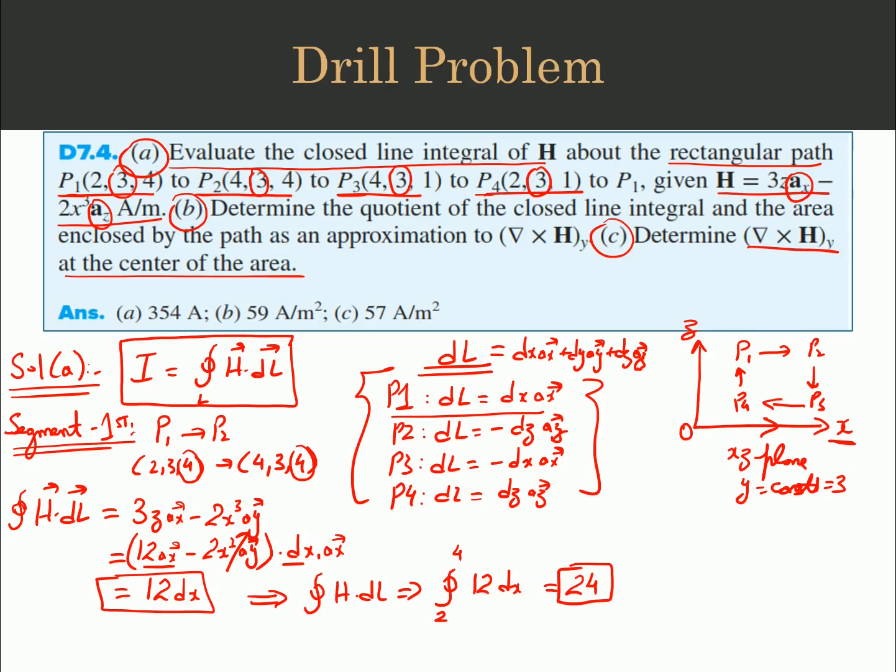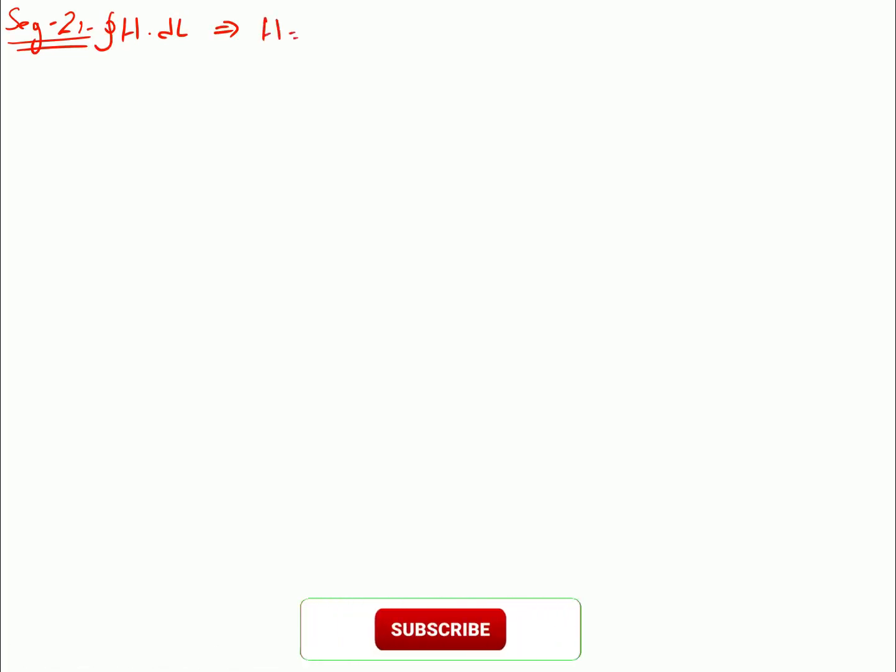Let us do the same for the other segments. So let's go to the second segment, keeping in mind that for the second segment the path will be negative dz a_z. Again we need to find H dot dL. What is H?